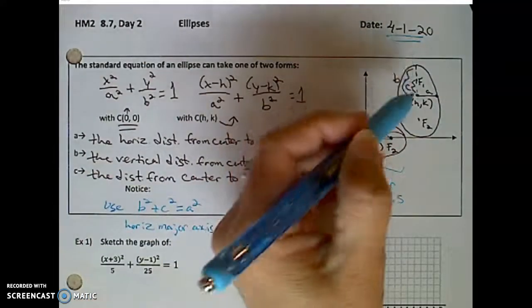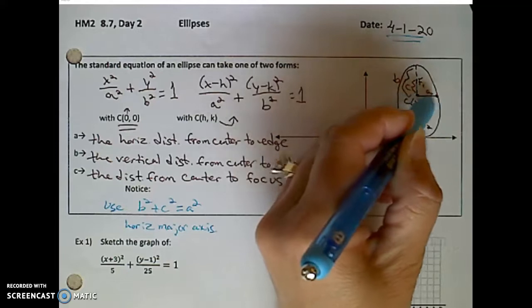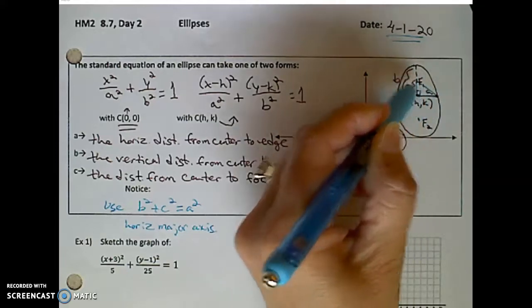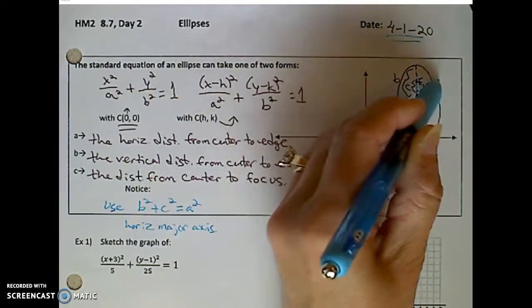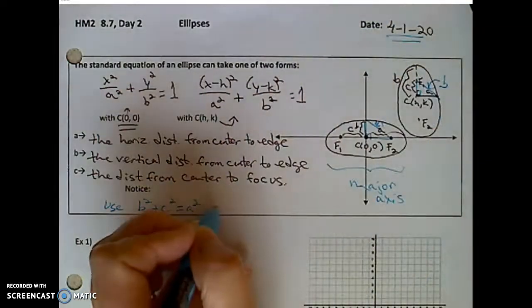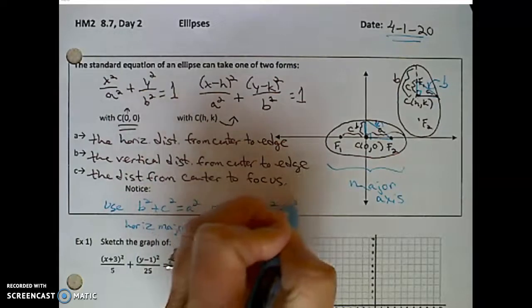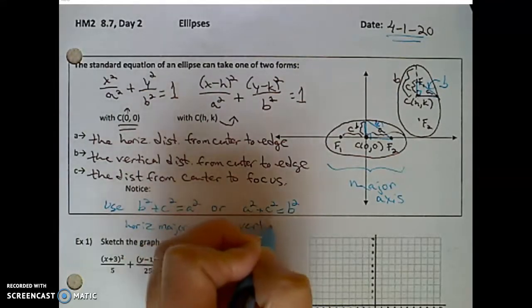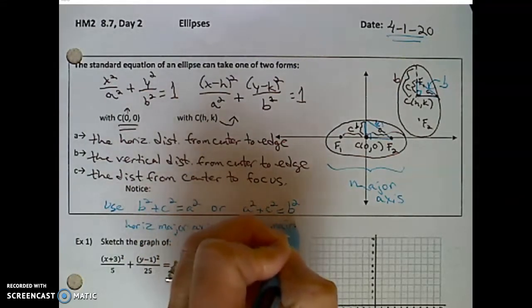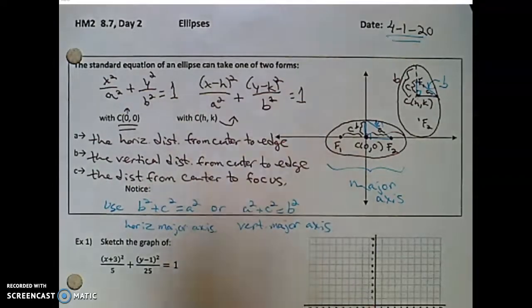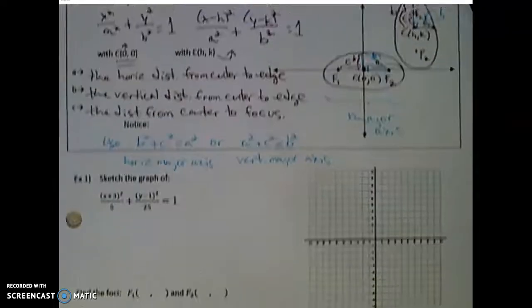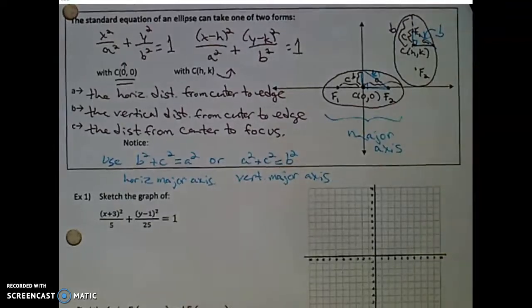But if my ellipse is turned, then I get this little right triangle in my ellipse, which has legs of C and A and a hypotenuse of B. a squared plus c squared is equal to b squared if I have a vertical major axis. I'm going to pause a lot here so that you can try a few problems on your own, and then I'll kind of guide you through a few things. But use those as a reference if you would.